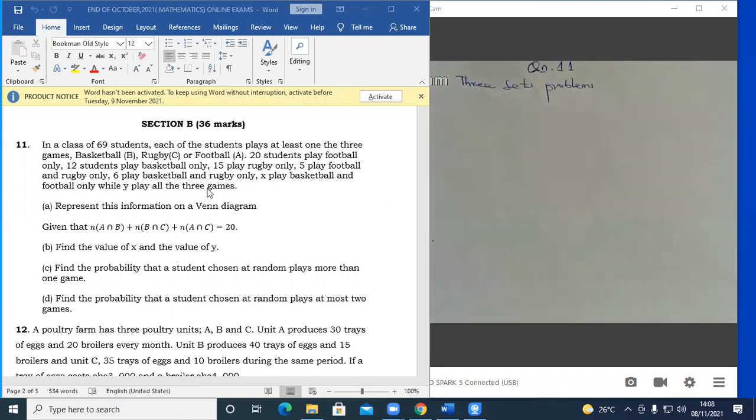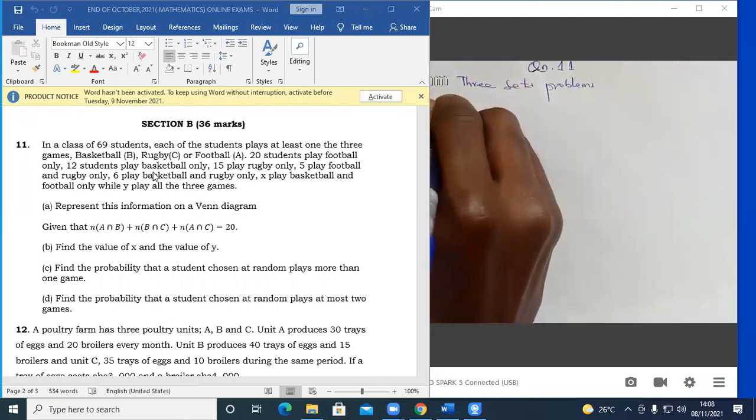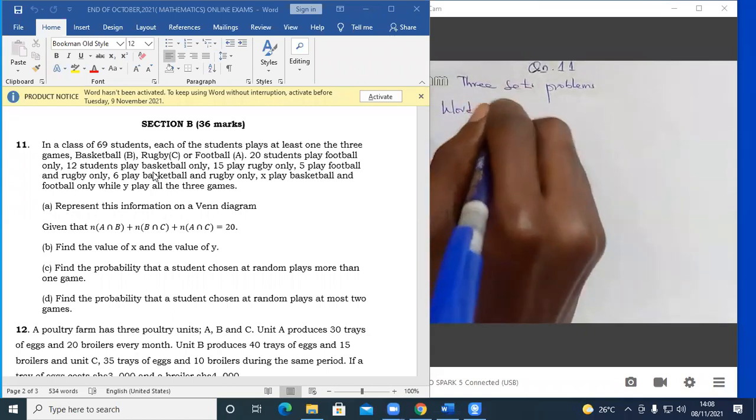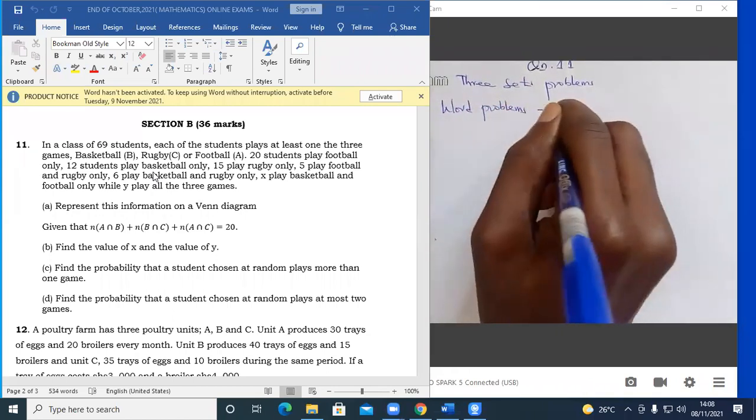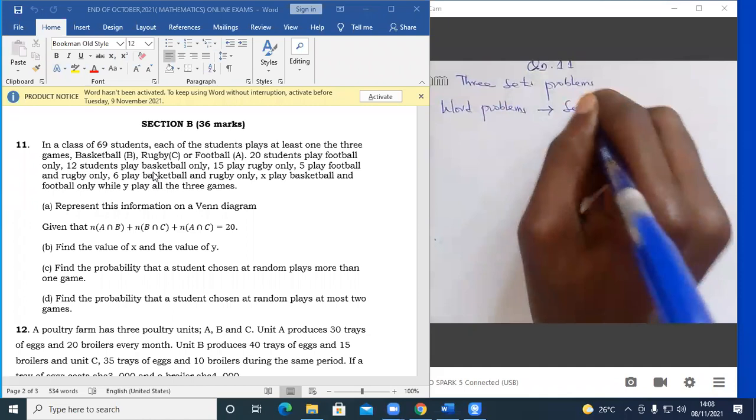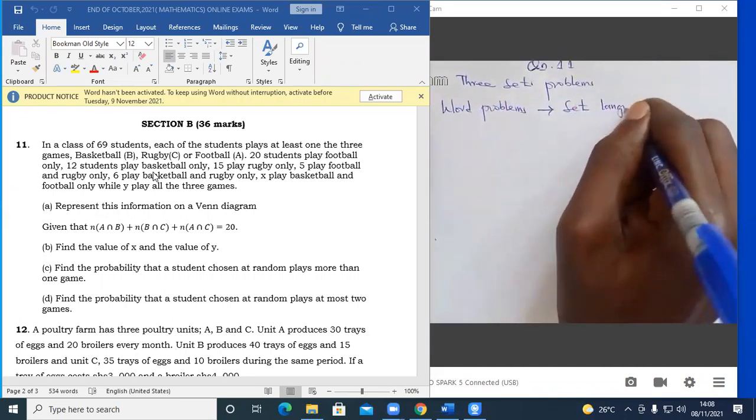And the interpretation of questions is very important. So when a question is a 3 set problem, it is always given in statement form like this. Now it is upon you to change it from the word problem into the set language.